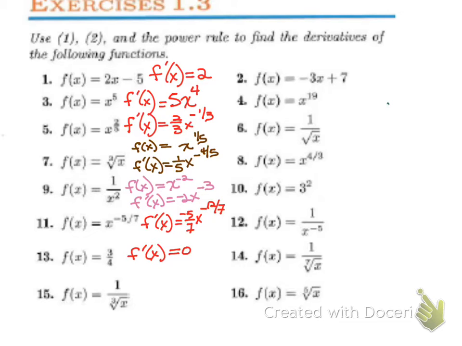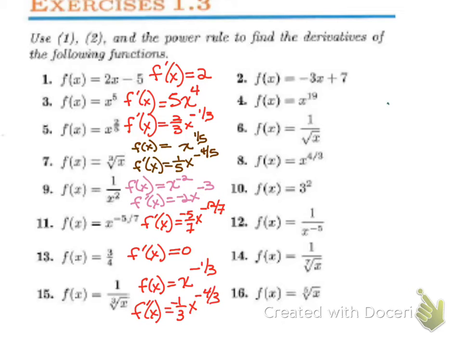Okay, when you rewrite your f of x, you should be getting x to the negative 1/3. So then your derivative will be negative 1/3 x to the negative 4/3. Okay, I'll start the next column now.